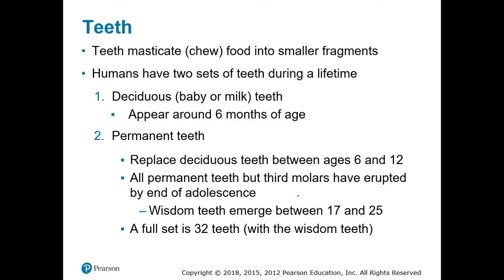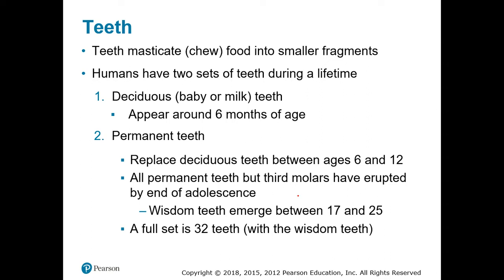Now, with talking about your mouth, pharynx, and esophagus, we have to bring up the idea of teeth. Teeth are what allow us to masticate, or chew things into smaller fragments within our mouth. We have 2 sets during our lifetime. The first one is deciduous teeth, called baby teeth. These appear around 6 months of age.